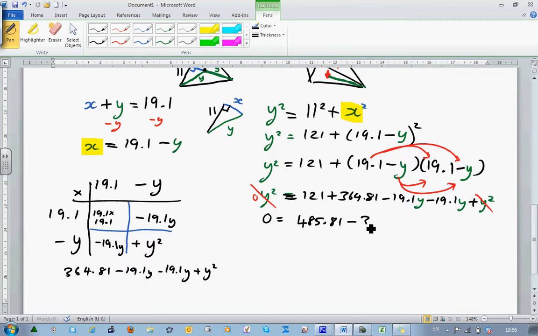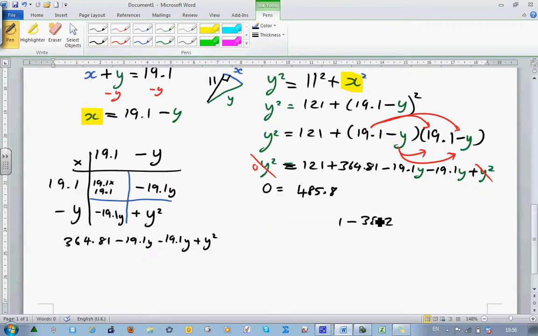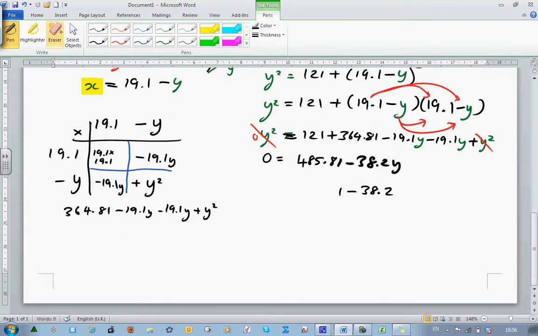Okay, so if I add 38.2y to both sides, then I end up with 38.2y equals 485.81. And if I divide both sides by 38.2, 38.2 divided by 38.2 is 1, so that's 1y.